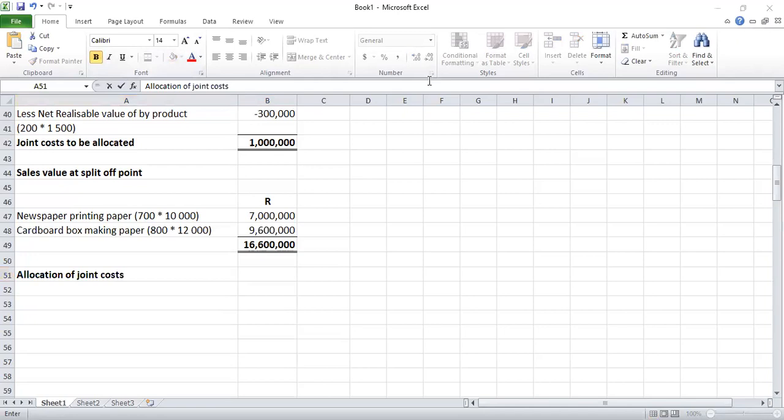Remember that you are trying to allocate cost to all the units produced, whether sold or unsold. When you are determining your unit cost, you need the cost of all the units that you have produced. So that's why we use the production units, not the sales units.